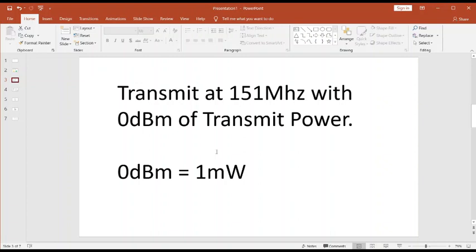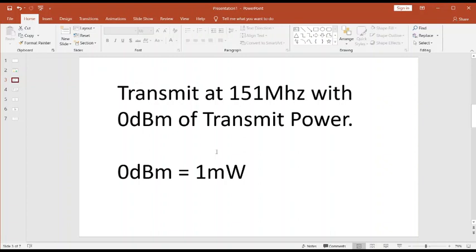So the equation is dBm equals 10 times log 10 of milliwatts. So if you take 10 times the log 10 of 1 milliwatt, you will get 0 because it's referenced to a milliwatt. So 1 watt is 30 dBm.